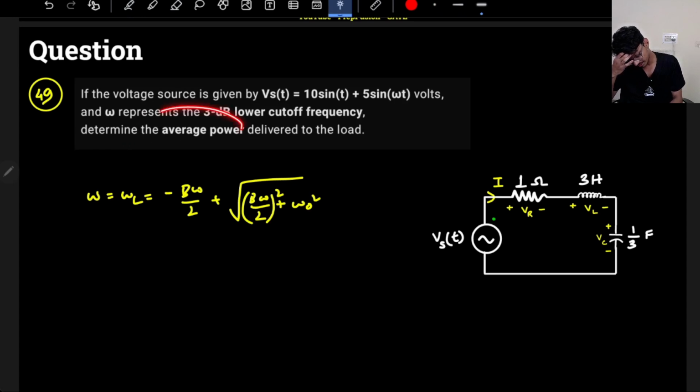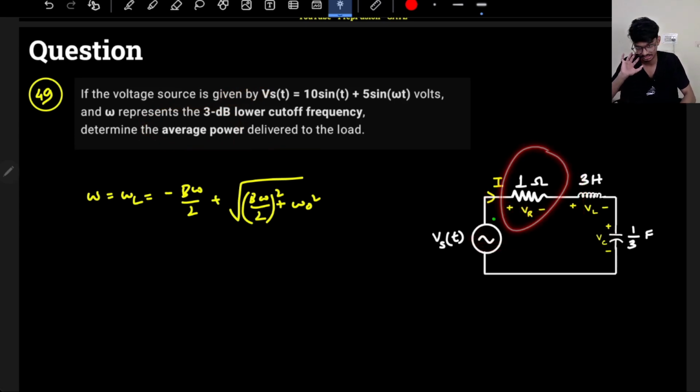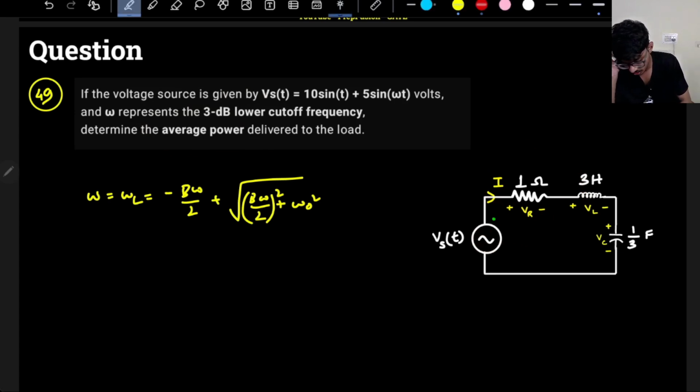Here we have to determine the average power delivered to the load. So power can only be consumed in the resistor, correct? If you notice, this sinusoid has a frequency of 1 radian per second. Whenever these kinds of RLC questions come, just check whether some resonance condition is matching or not.